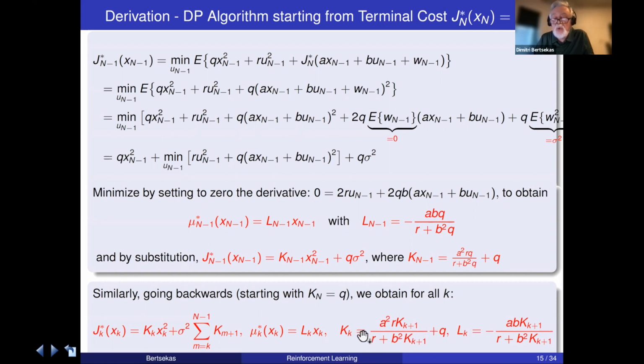So this recursion goes backwards, and simultaneously we can compute the linear cost coefficients of the controller, which is given by this formula. Sort of a generalization of this formula, k plus 1 replacing q. So that's the complete solution of the linear quadratic problem, assuming zero mean disturbances.